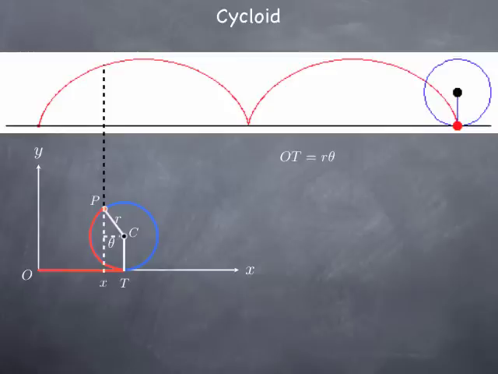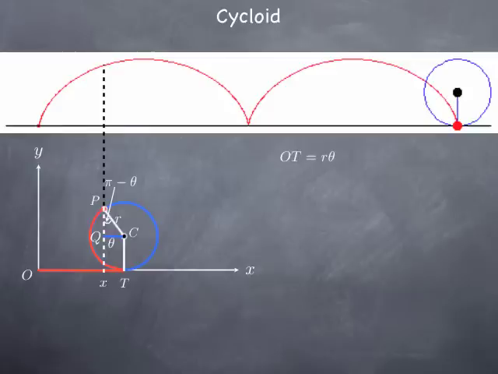That gives us a way to calculate the x-coordinate of P, because this x-coordinate is going to be OT minus QC, and QC is something that we can calculate because this angle here, as you can easily see, is pi minus theta, in this right triangle PQC with right angle at Q. The segment QC is the opposite side to pi minus theta.